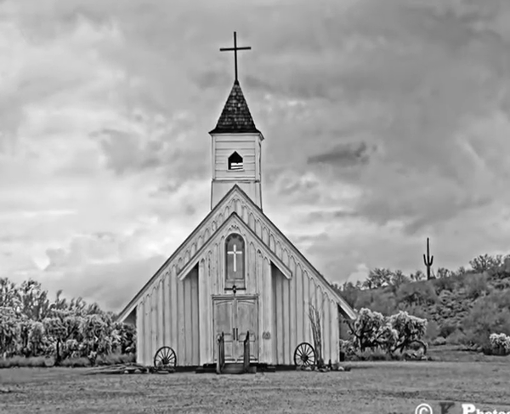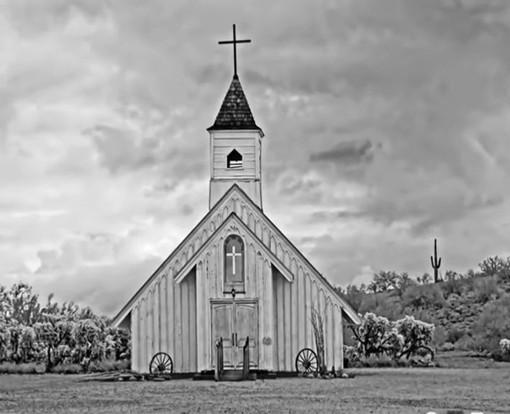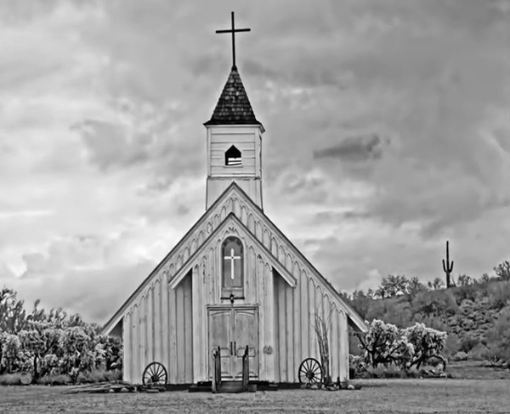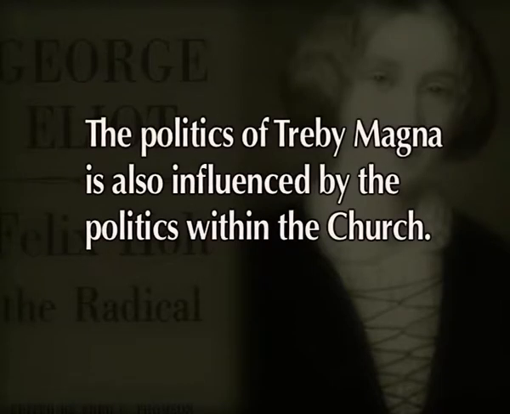Such churches were less grand in their appearance and were managed by a collective of its members. Since most members of the poorer classes supported the Chartists and the Radicals, the Puritans and the independent churches also supported such movements. In the novel, the politics of Trevi Magna is also influenced by the politics within the church.